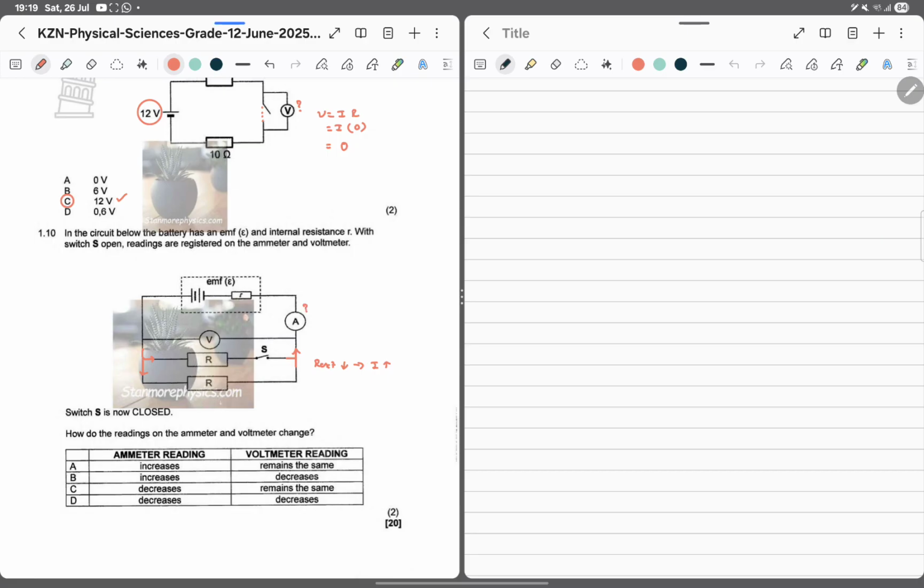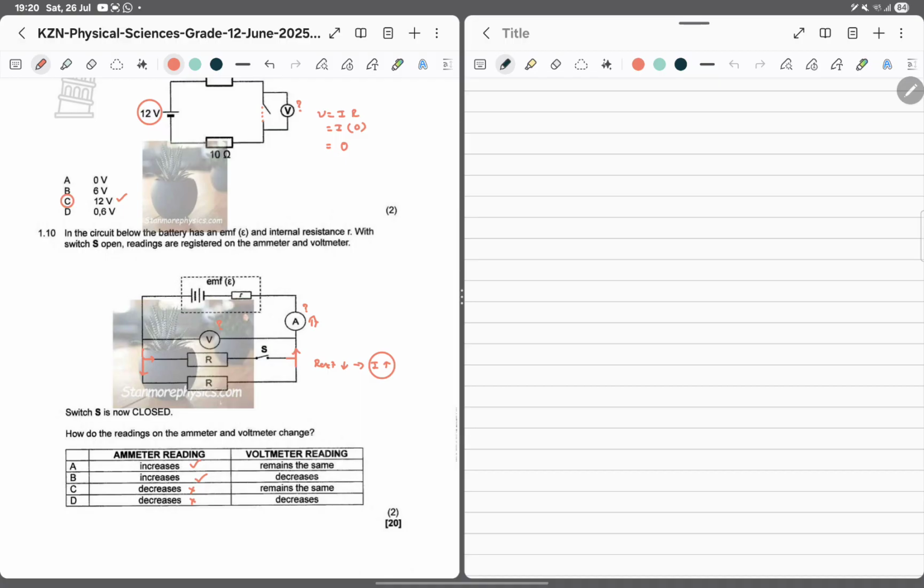So this is this one and this one. Okay, so we saw that essentially, since we are dropping the effective external resistance, the ammeter here should increase in its reading. So this already eliminates options C and D.